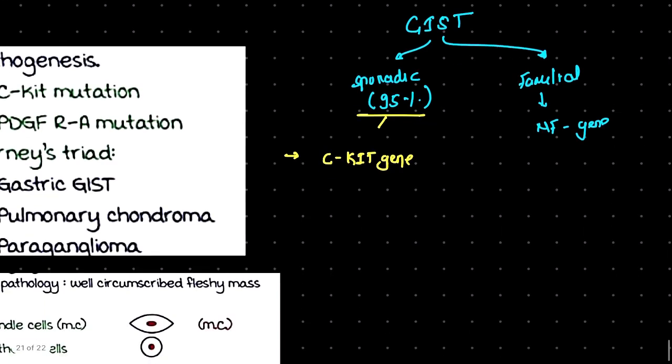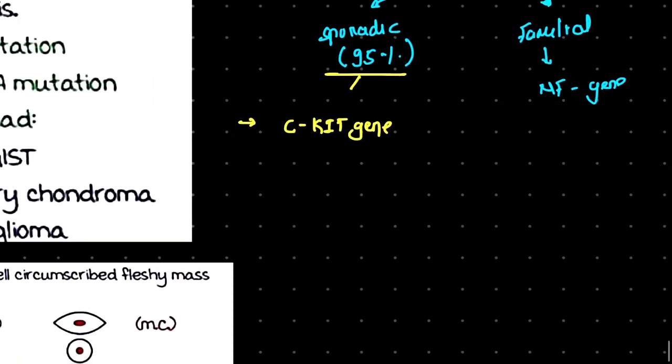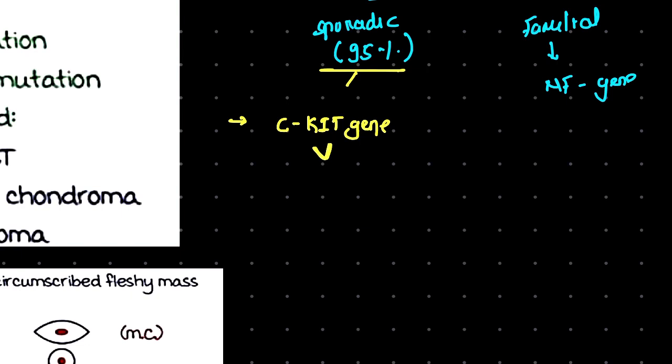We will mention the different genes in descending order: in maximum cases we'll find CKIT gene mutation. Similarly we have platelet derived growth factor alpha mutation. So we have CKIT and platelet derived growth factor mutation.